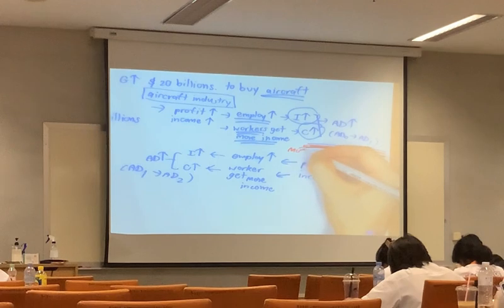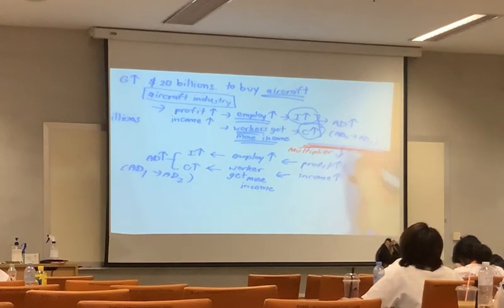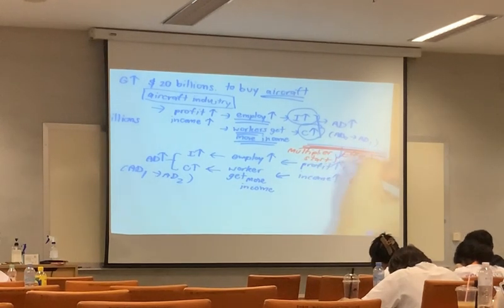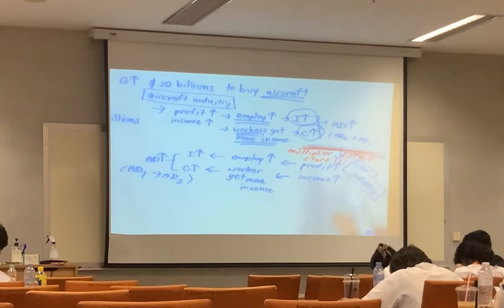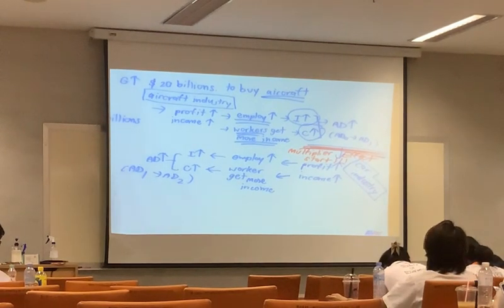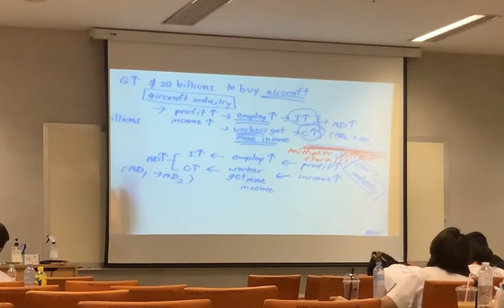Multiplier effects start. I can say the multiplier effect will start after AD1 shifts. So any effects after this, if AD continues to shift further and further, we call it the multiplier effect.